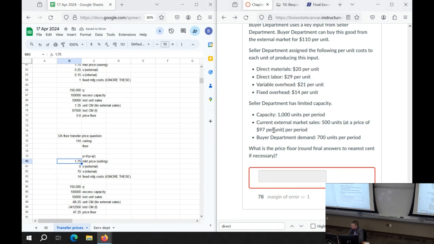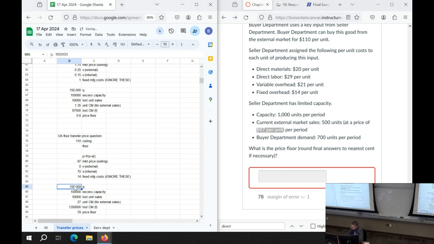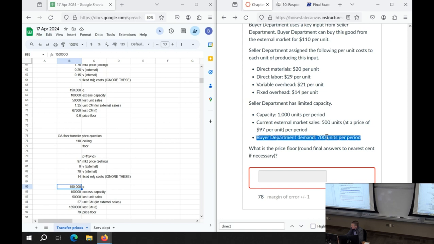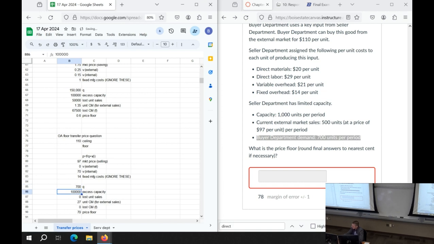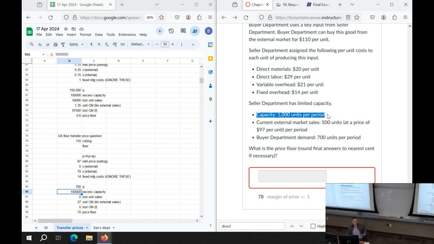And it says down here that the selling department sells them at $97 per unit on the external market. The buyer demand is 700. So that's the Q right here. That's how much they want us to produce. And I've given you here the total capacity of the seller department, not the excess capacity.